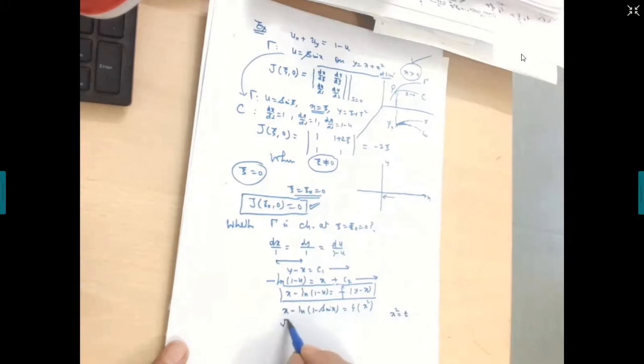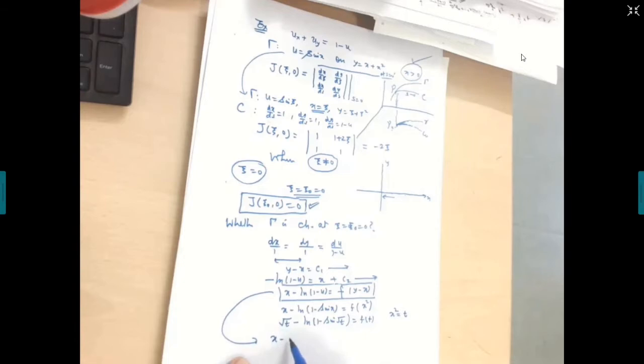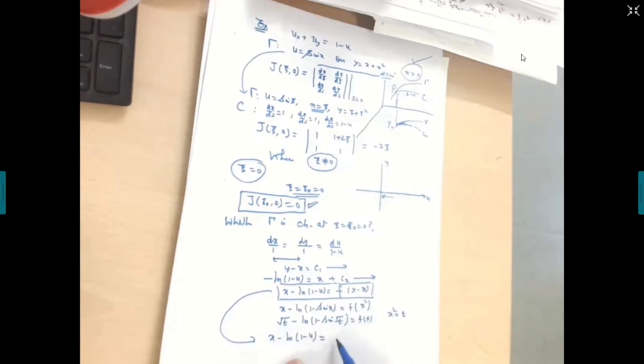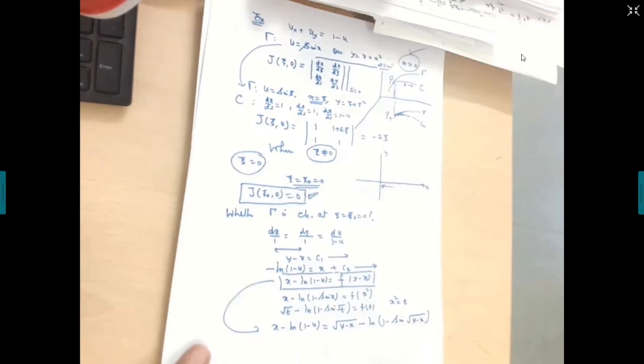So what do you get? f of t is square root of t minus ln of 1 minus sin of square root of t. And therefore I can write x minus ln of 1 minus u is equal to square root of y minus x minus ln of 1 minus sin of square root of y minus x.